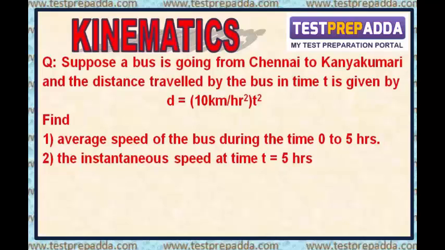Now here the question says, first part, average speed of the bus during the time interval 0 to 5 hours. Second part of the question says, the instantaneous speed at time t = 5 hours. First, I'll take the first part of this question.